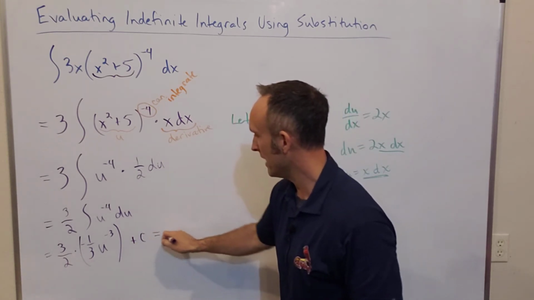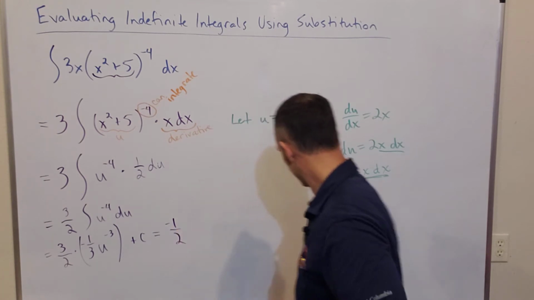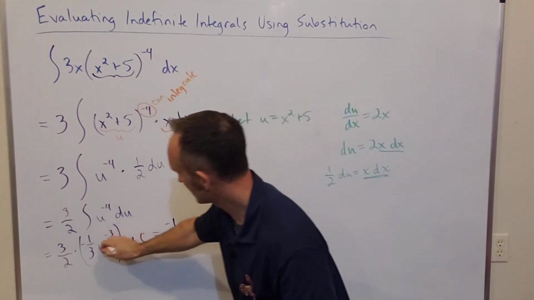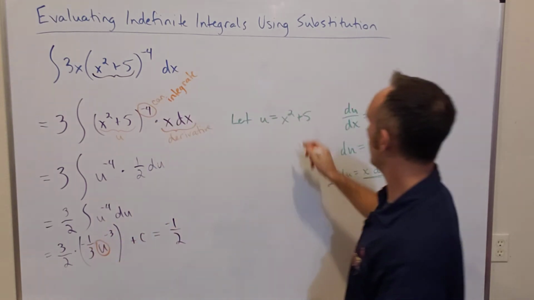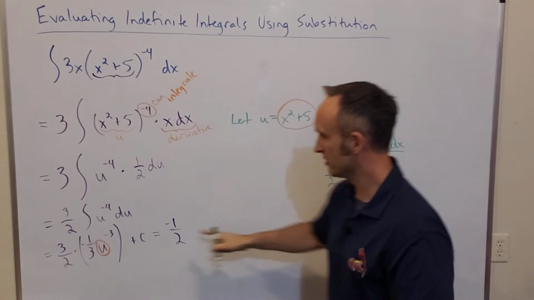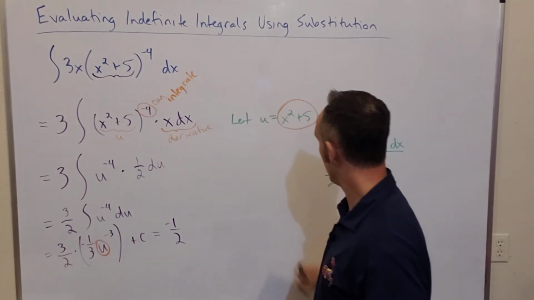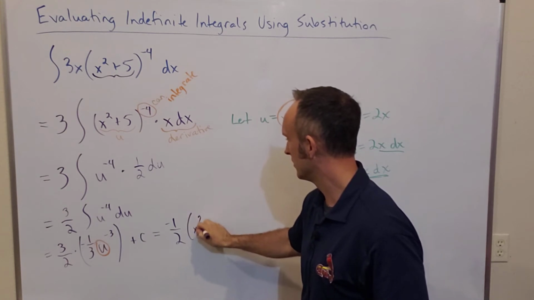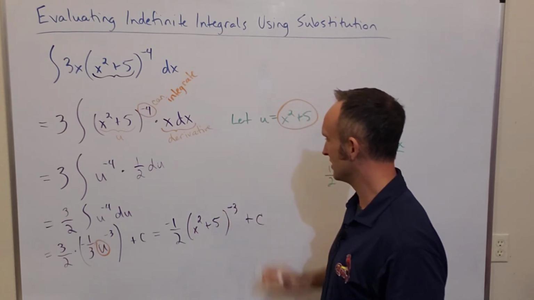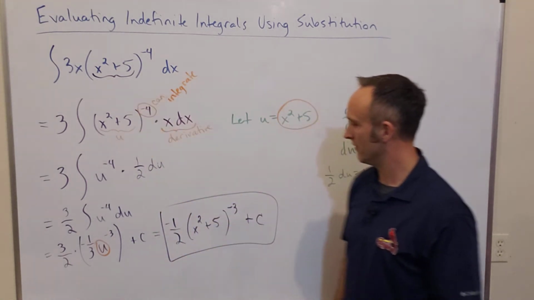And then all that remains is to multiply the coefficients to get negative 1/2. I need to write my answer back in terms of x, so I replace u with x squared plus 5 again. And so this turns into negative 1/2 times (x squared plus 5) to the negative 3rd plus c. And that's the most general antiderivative of this function.